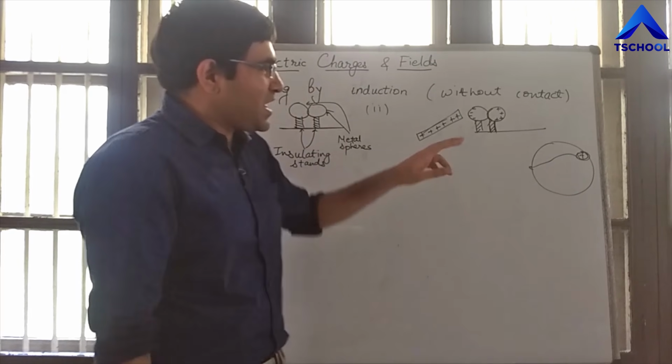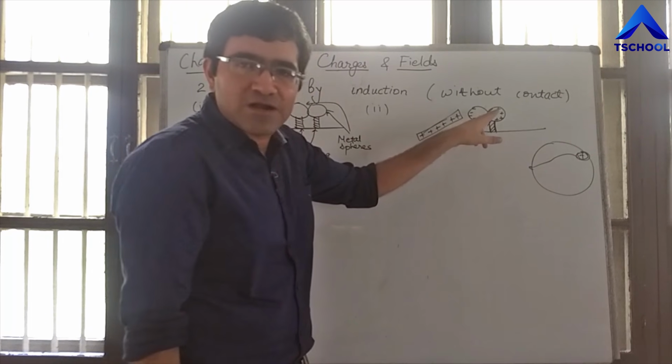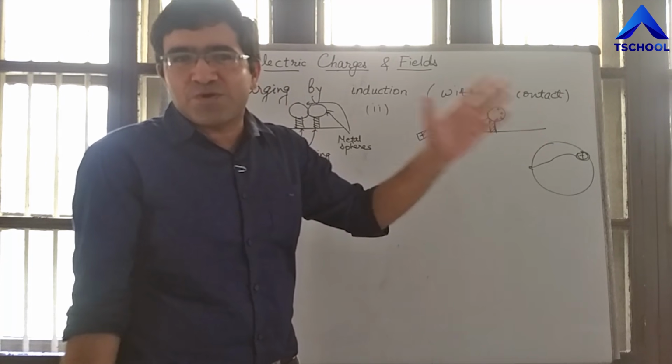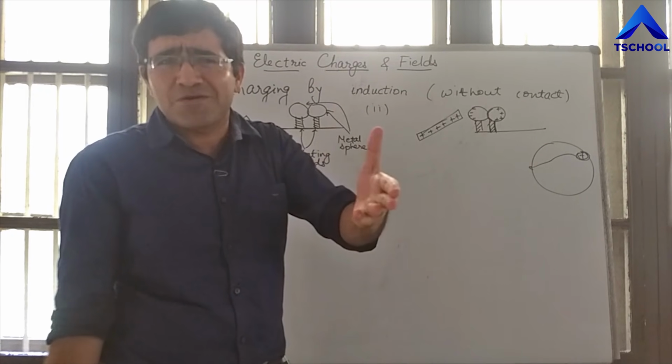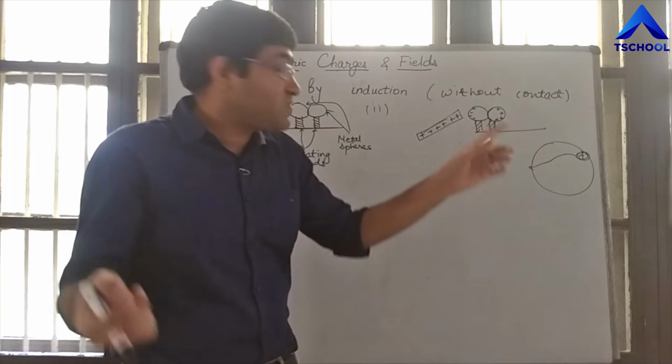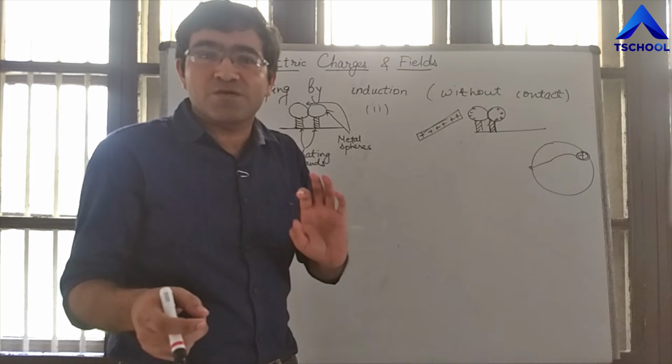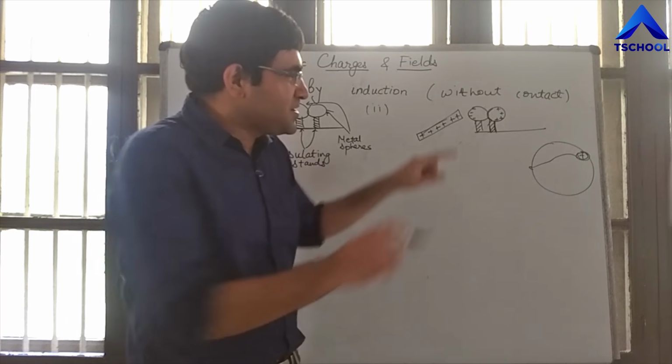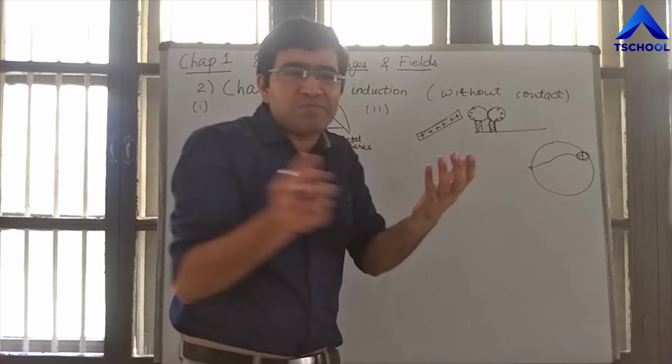So the only way they can go back is through this contact. So we will use our evil mind, and we will separate these two spheres, but we will not remove this. We'll keep the glass rod right there, and we'll just separate these two and break that contact.